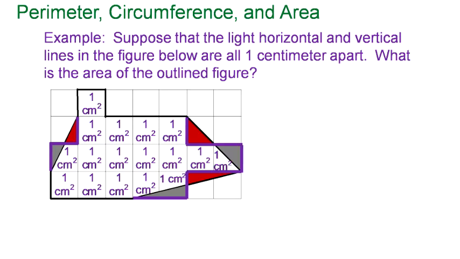And now I can repeat the process one more time with these 2 triangles. If you count up the number of full squares that I now have labeled, you should get 17. Since each one represents 1 square centimeter of area, I can now say that the area of this shape must equal 17 square centimeters.